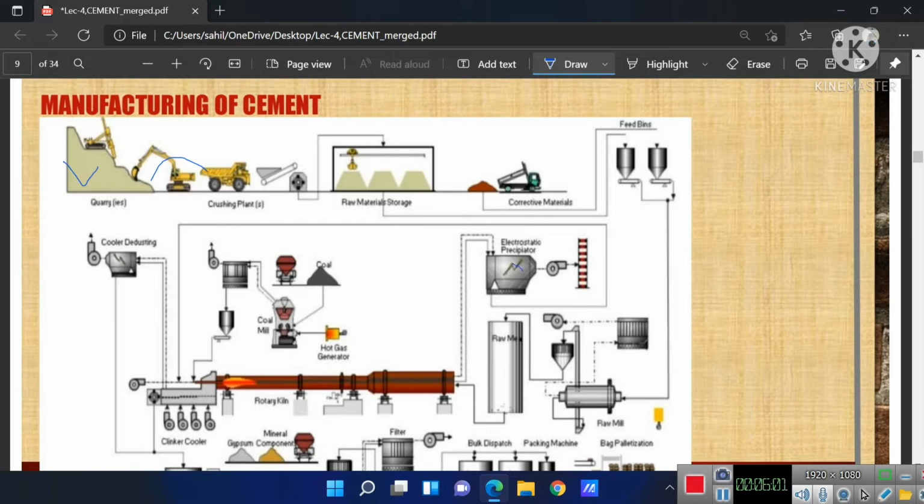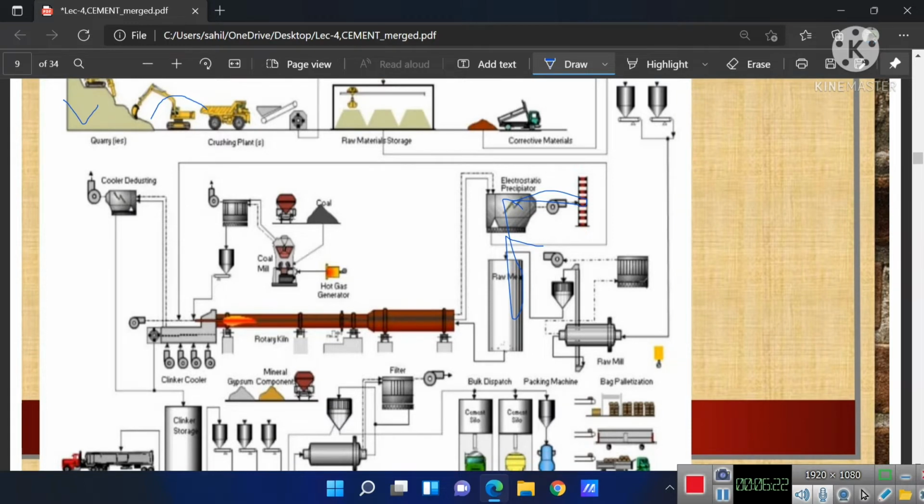You can see here the electrostatic precipitator. From here the water is mixed in the mixture, and then it is delivered into the rotary kiln where it is heated with the help of different types of fuels. Then the clinkers are cooled over here with the help of the clinker cooler.